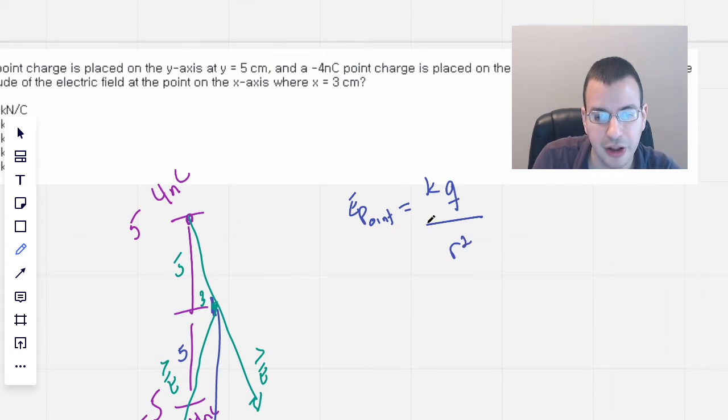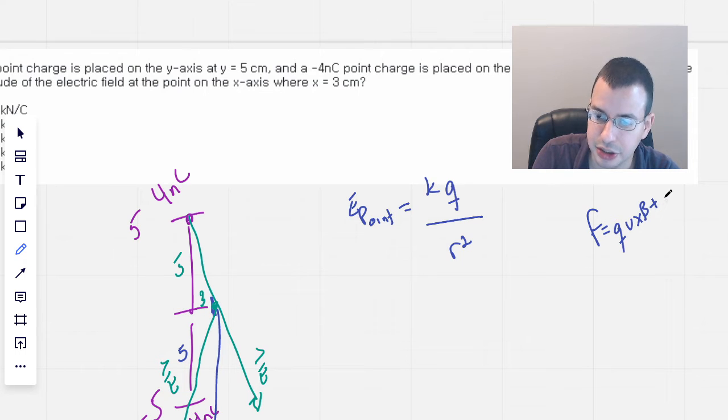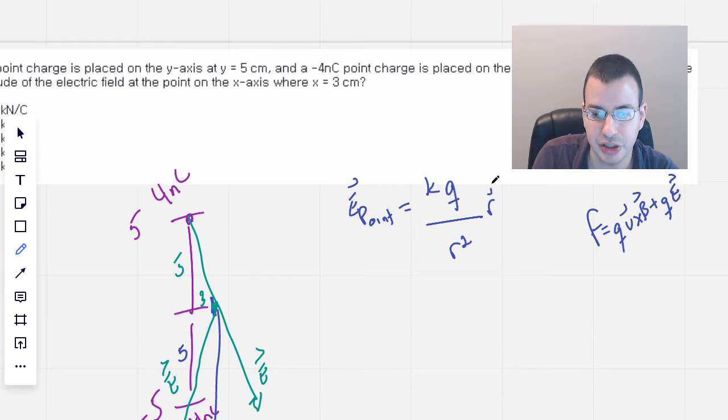When you have force, then you have two q's. So force equals qv cross B plus qE, vectors. If you have force, then you have two q's. When you have just electric field on its own, then you have just one q. So that's important to note.